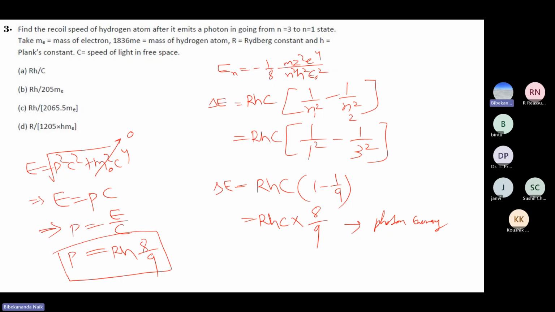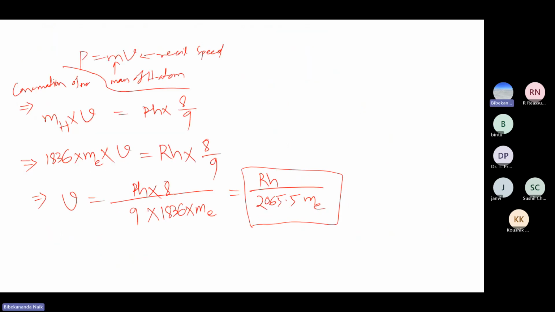Since the mass of hydrogen atom is 1836 times ME, the momentum will be mass of hydrogen atom into velocity, and when we equate that momentum to the momentum of the emitted photon, then the recoil speed will be RH by 2065.5 ME.